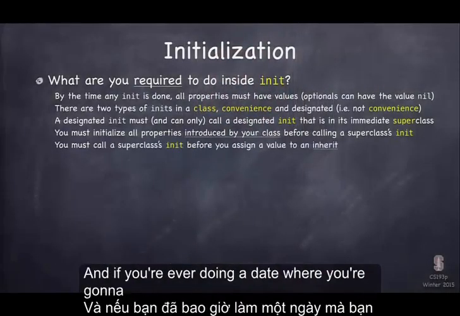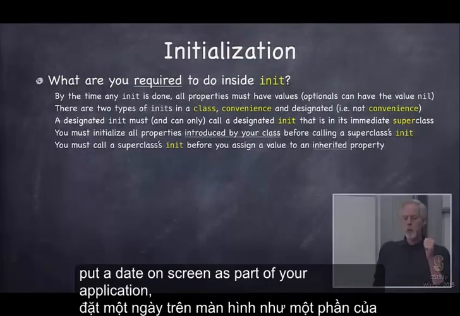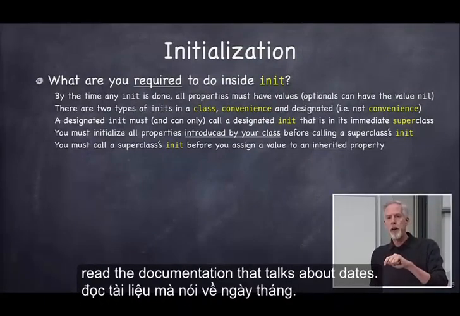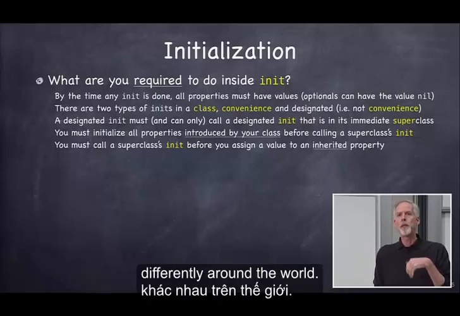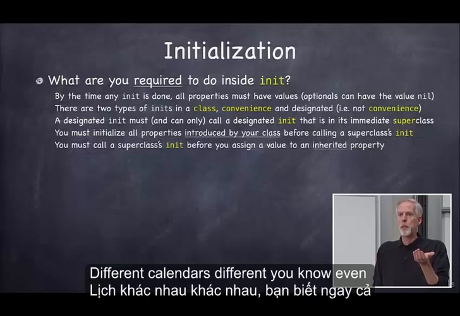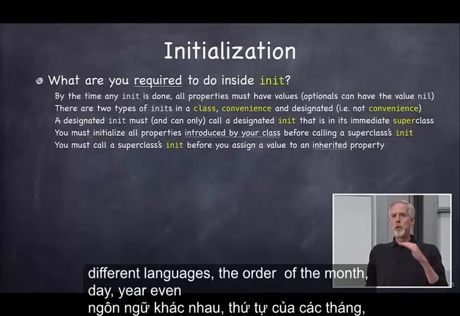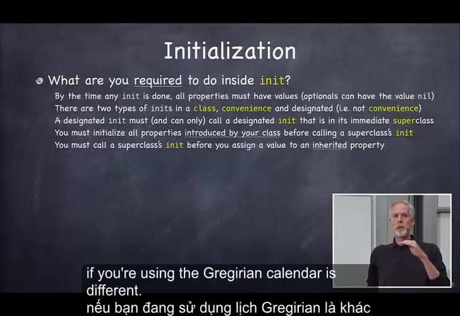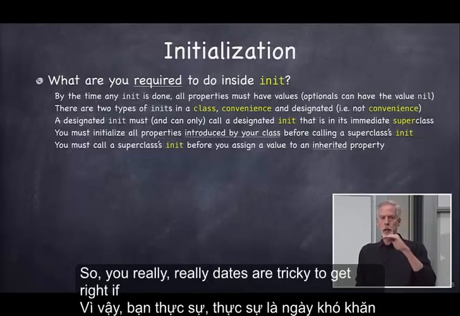You also have to call your superclass's init before you assign a value to any property you inherit from your superclass. In other words, you have to let your superclass initialize its properties before you can start setting them. So you get those three rules. That has to do with designated initializers and calling super.